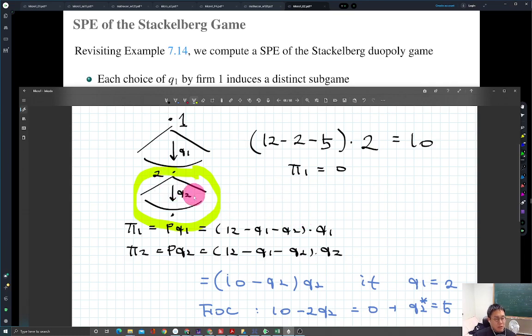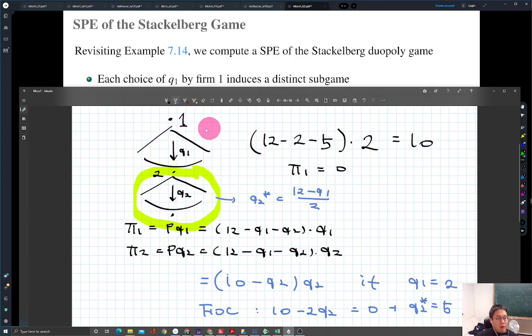So the Nash equilibrium in every possible subgame is: if firm 2 observes Q1, the profit maximizing output, Q2 star, was 12 minus Q1 divided by 2. Remember, SPE requires Nash equilibrium play in every subgame.